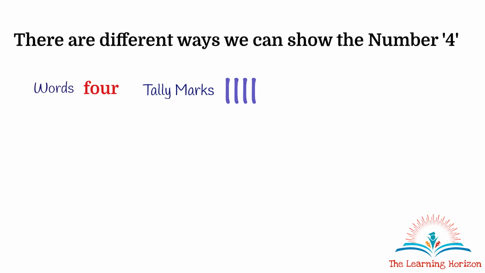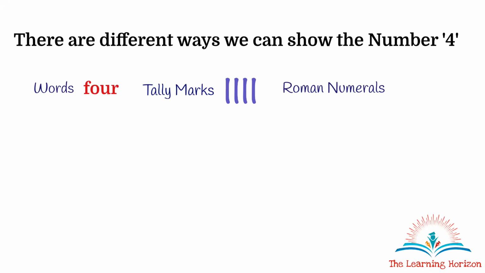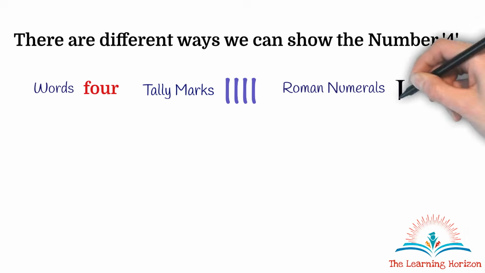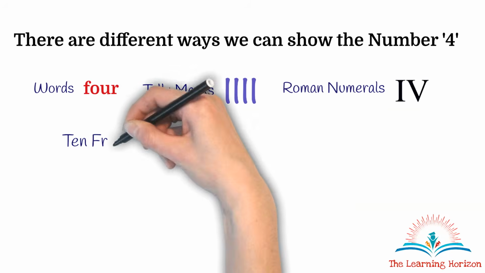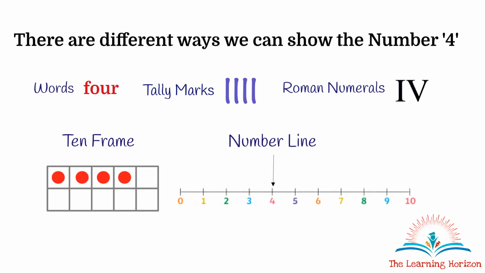Here I am using the tally symbols to show the number 4. I can also show the number 4 in terms of Roman numerals. I can use a 10 frame or a number line too. As you see, there are different ways you can show a number. All these are different types of numerals showing the same number 4.